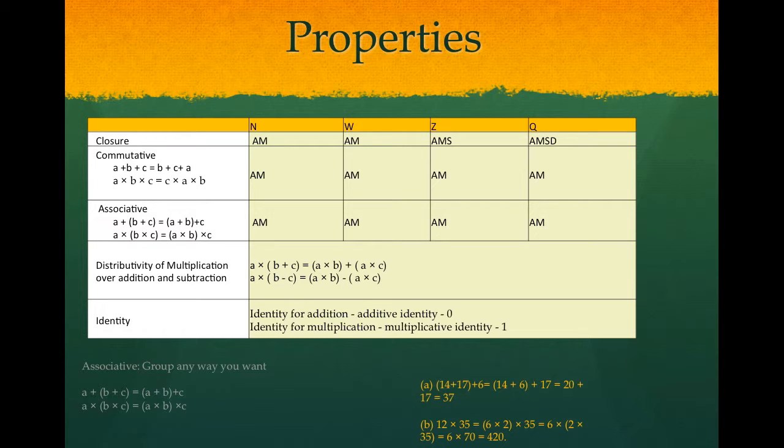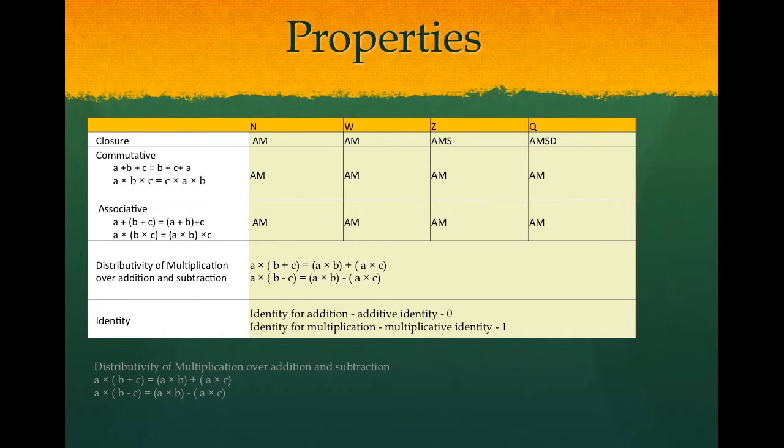Now the fourth property, distributive over addition and subtraction, means, so if you have an expression like this where a is multiplied over the sum, or the addition, of two numbers, that is why multiplication over addition. So we can write this expression as a into b plus a into c.